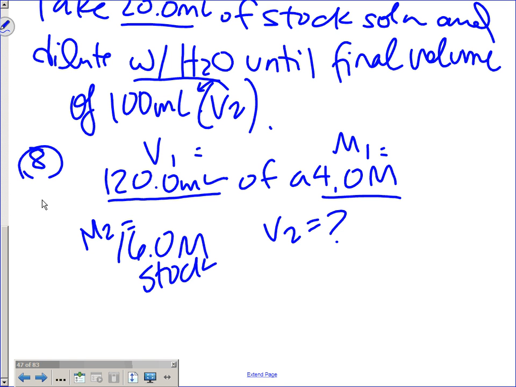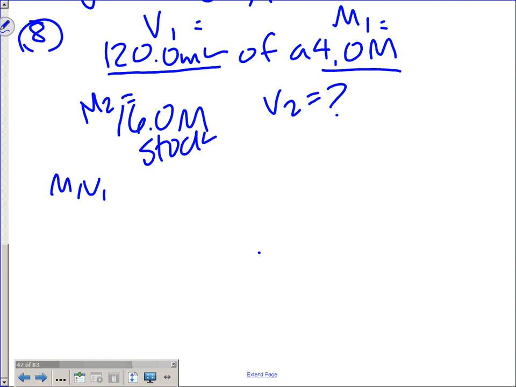All right, so once you do organize your information correctly, you should be fine. But at this point, I will go ahead and finish this example. M1V1 equals M2V2. Solve for V2 is equal to M1V1 over M2.